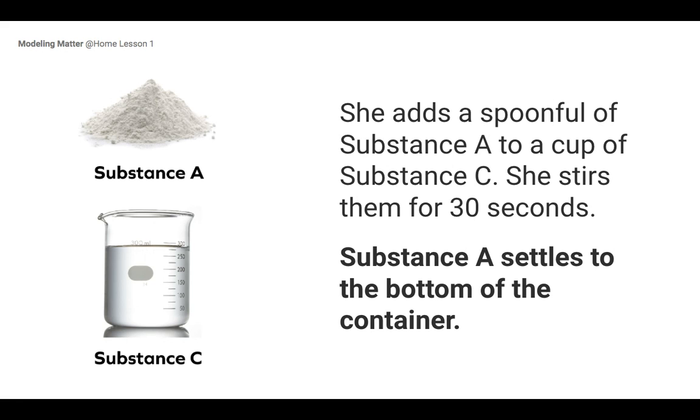First, the scientist adds a spoonful of substance A to a cup of substance C. She stirs them together for 30 seconds. However, after stirring for 30 seconds, substance A settles to the bottom of the container and is still visible.